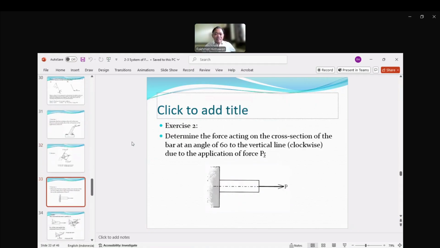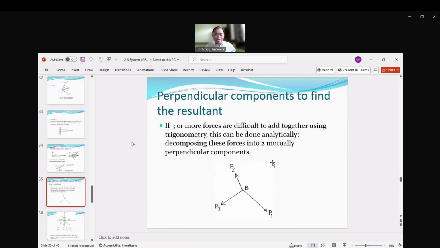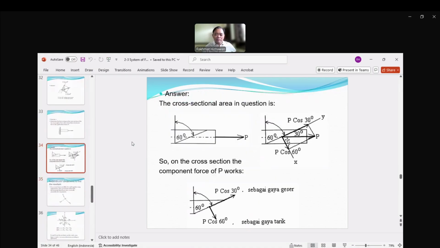Okay. We also have this exercise, which is the cross section inside here. Sometimes we ask this because we want to know the strength of this rod. So we want to know what's inside the cross section at a certain angle.